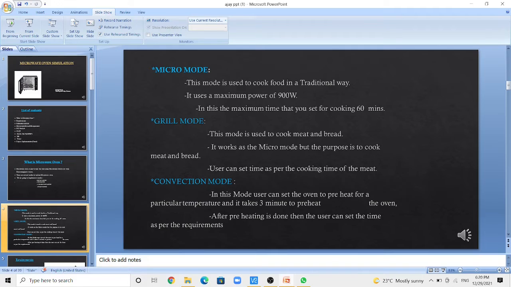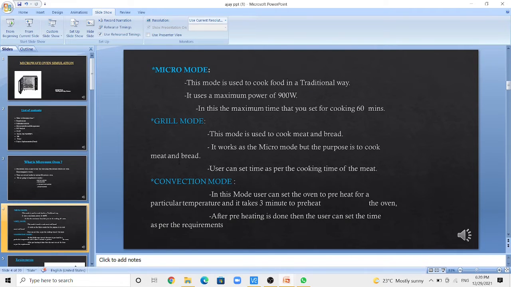It works like micro mode, but the purpose is to cook meat and bread. The user can set the time as per the cooking time of the meat. In grill mode, the user can set the time.